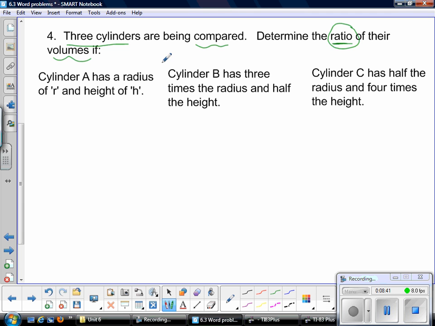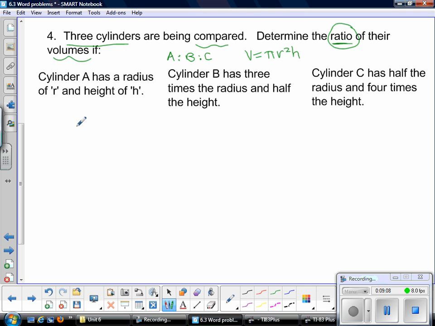So we're doing A to B to C. Now, let's first of all think about when we're talking about volume. Volume of a cylinder we know is equal to pi r squared h.